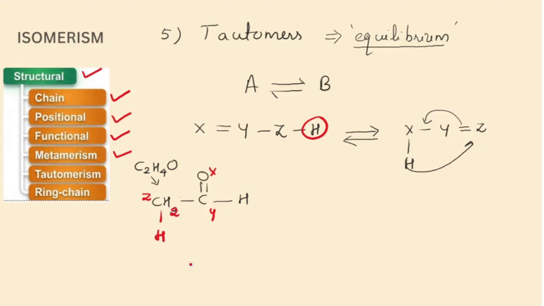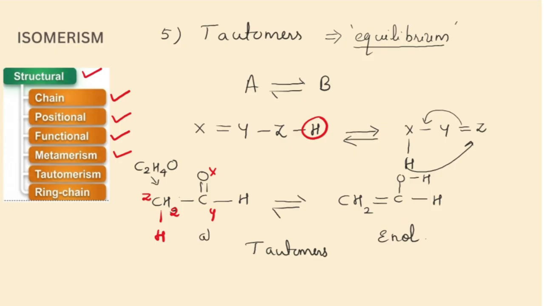We need only one hydrogen, right? So now it will undergo tautomerism. So how do you write its tautomer? Very simple. Between Z and Y, you form a double bond and here a single bond, and the shift of hydrogen is taking place like this. And what do you call them? Tautomers. Right? And this is an aldehyde and this is enol. Enol.